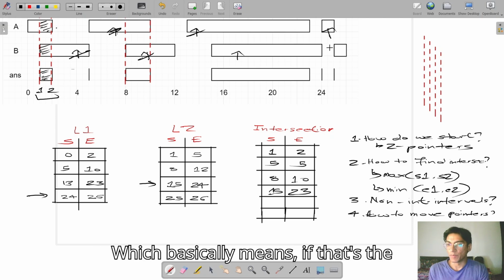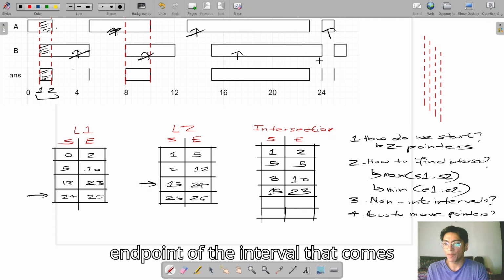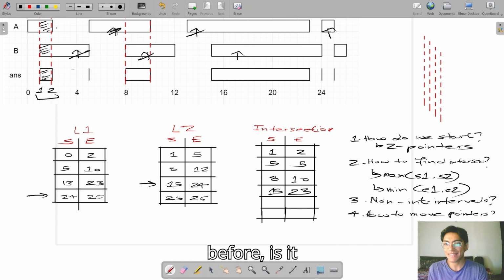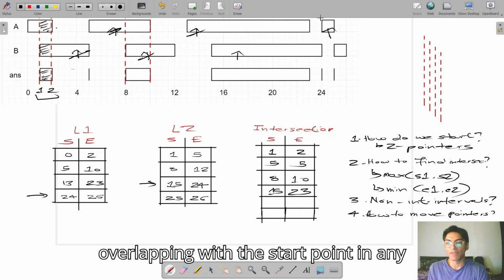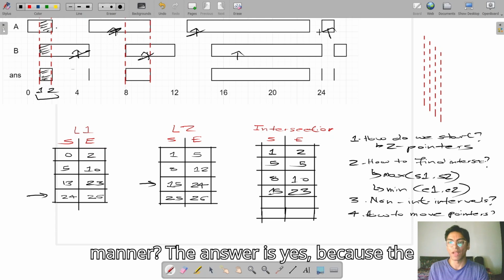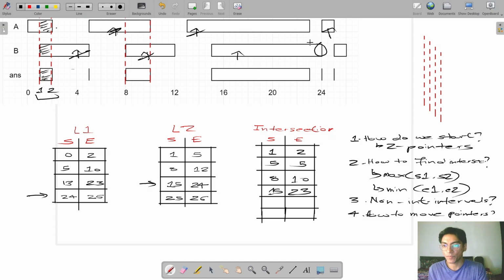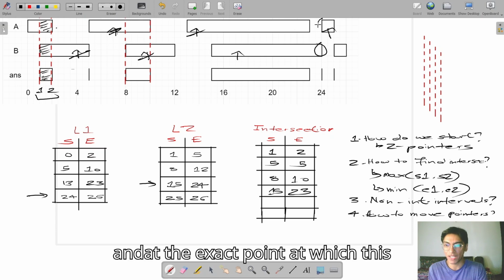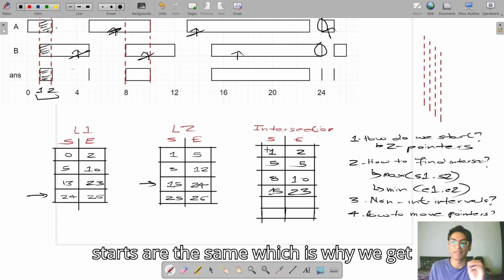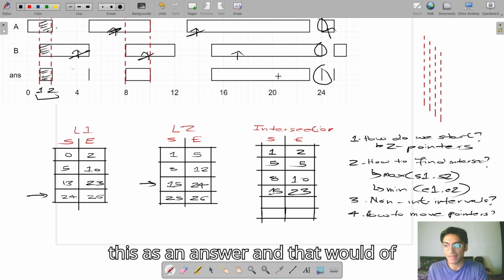Which basically means does the endpoint of the interval that comes before, is it overlapping with the start point in any manner? The answer is yes, because the exact point at which this ends and the exact point at which this starts are the same, which is why we get this as an answer.